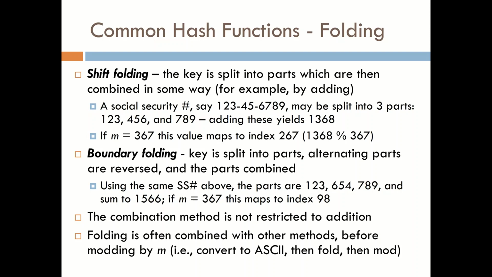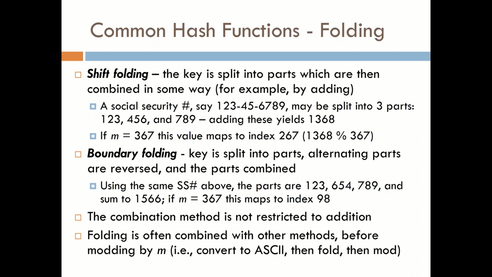So that same social security number would have as its middle component, instead of 456, 654, as you see here. Okay, and then we add those together, and you notice that the sum differs from the sum that we saw earlier.